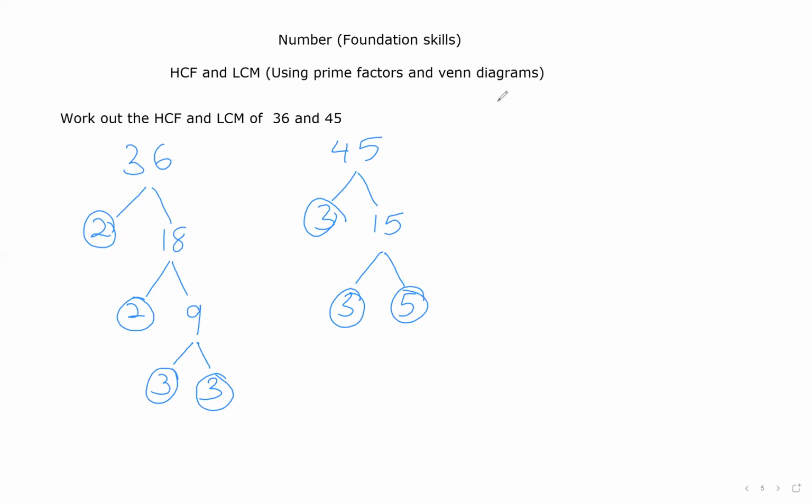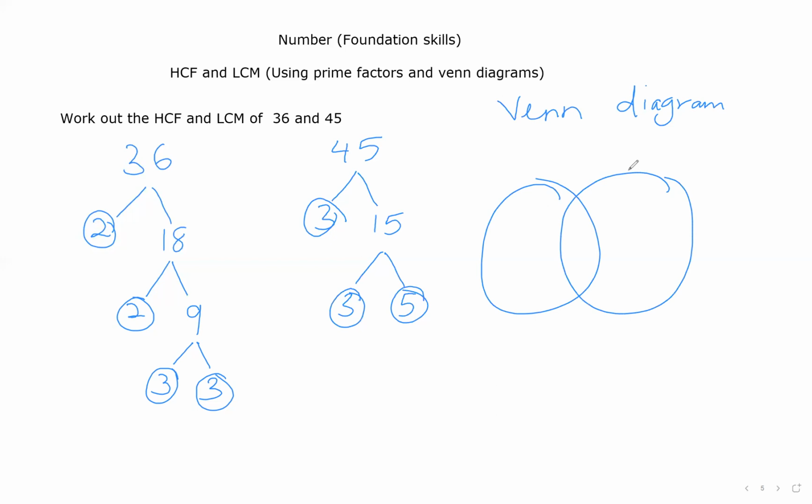Now we're going to use a Venn diagram. So we've got a circle for 36 and a circle for 45. So we have our 36 here, 45, and we have the intersection where both numbers have common prime factors. So I'm going to have a look at the common prime factors.